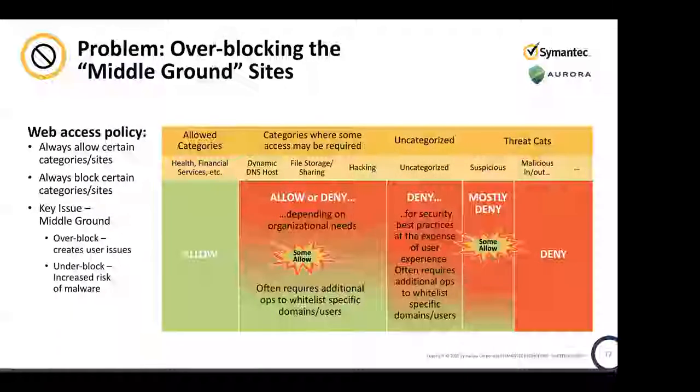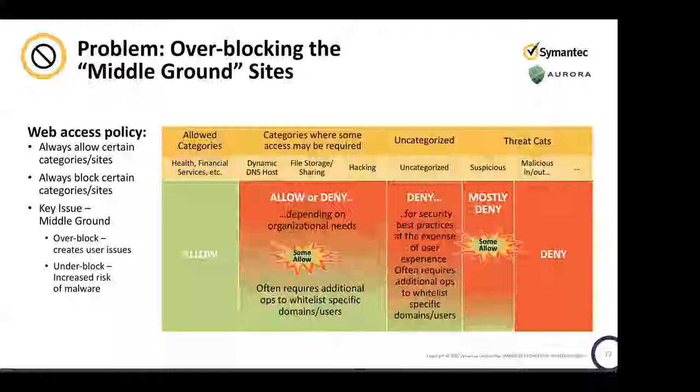A typical security policy that you might look at as standard today maybe looks something like this, right? We have our allowed categories that we know are good, and then everything else for the most part would be sort of a standard deny, especially when it comes to anything about uncategorized sites or slightly suspicious sites, things with file sharing.